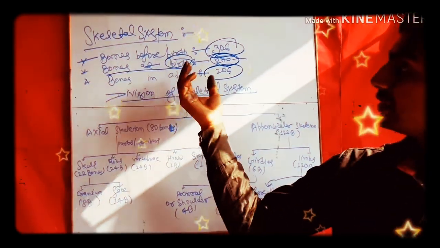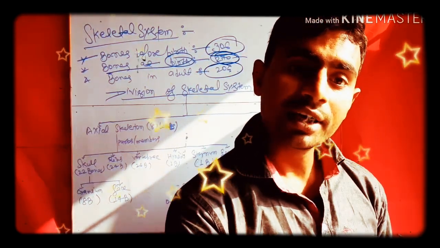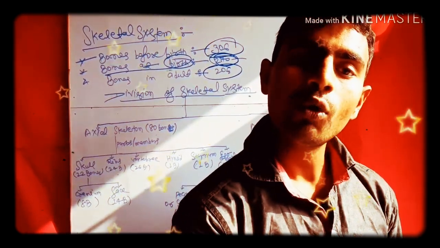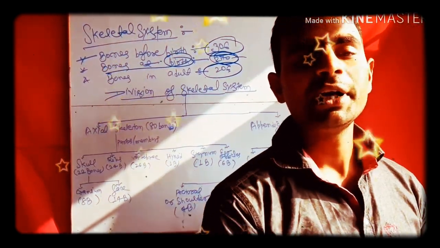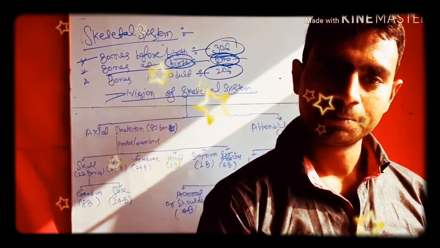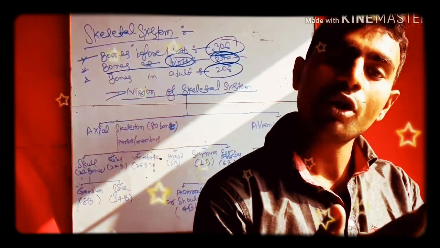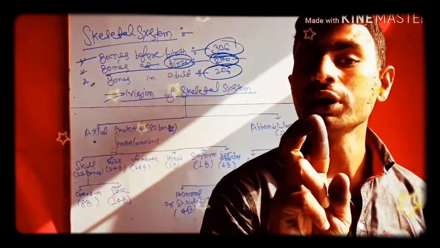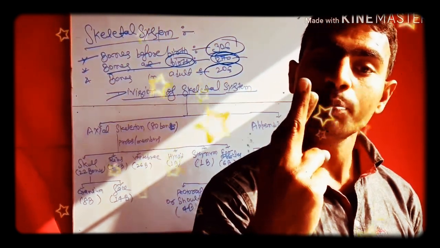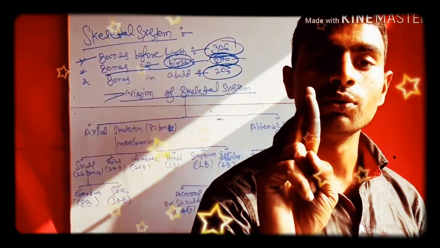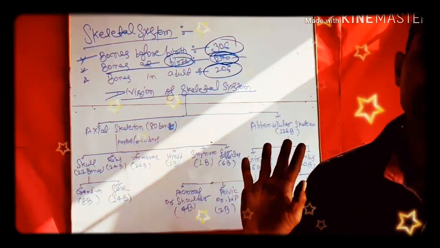So this is why the number of bones decreases. It does not decrease in reality; the bones fuse with each other, and due to the fusion they are counted as one bone.